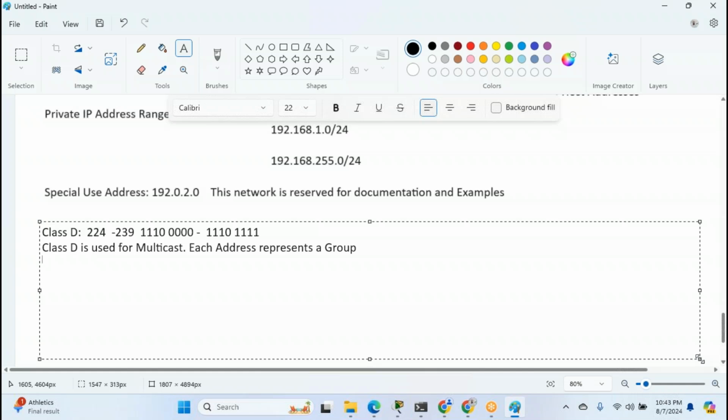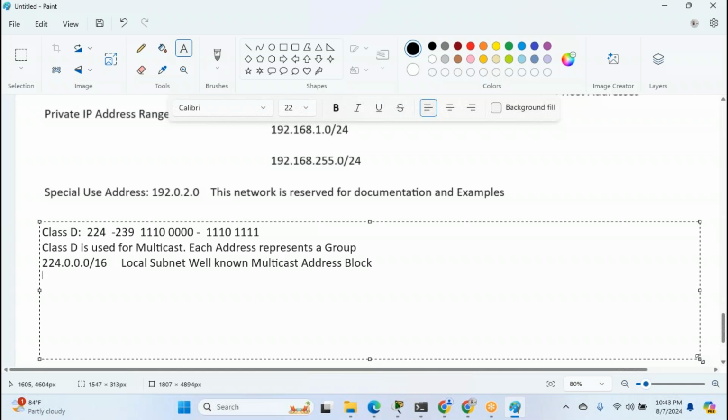The first range is 224.0.0.0/16. If your address starts with 224.0, then these are the local subnet well-known multicast address block.